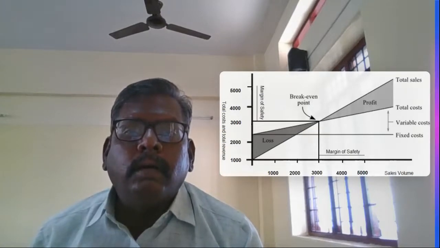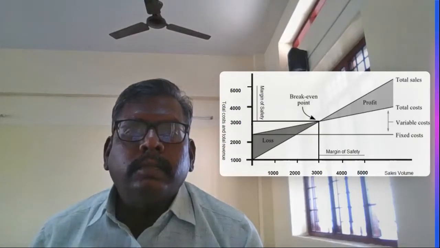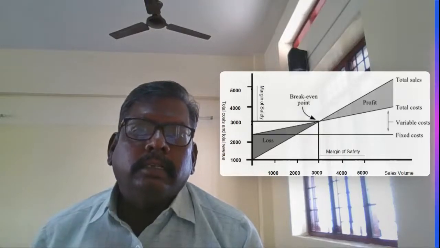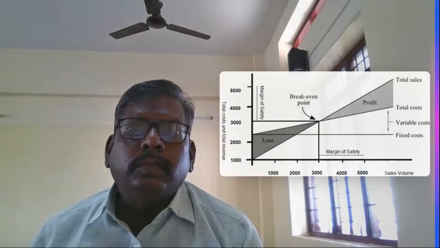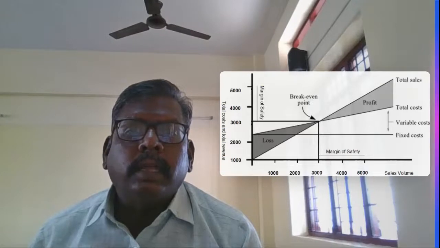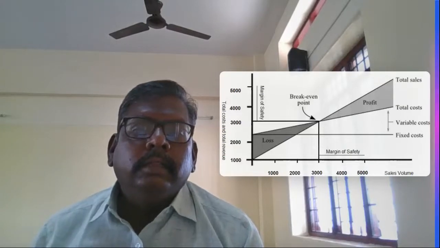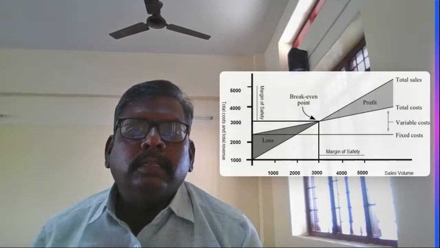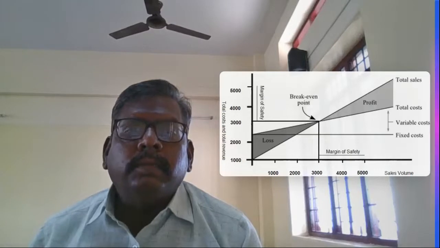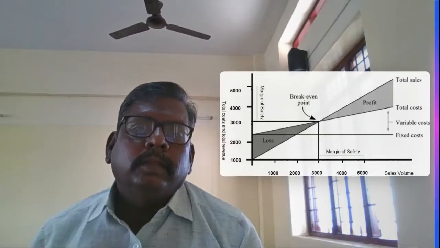Maybe here, around 2700, it's like that. If we produce 2000 units, then the variable cost is somewhere here, 2900. Then if you are producing 3000 units, the variable cost comes somewhere here.